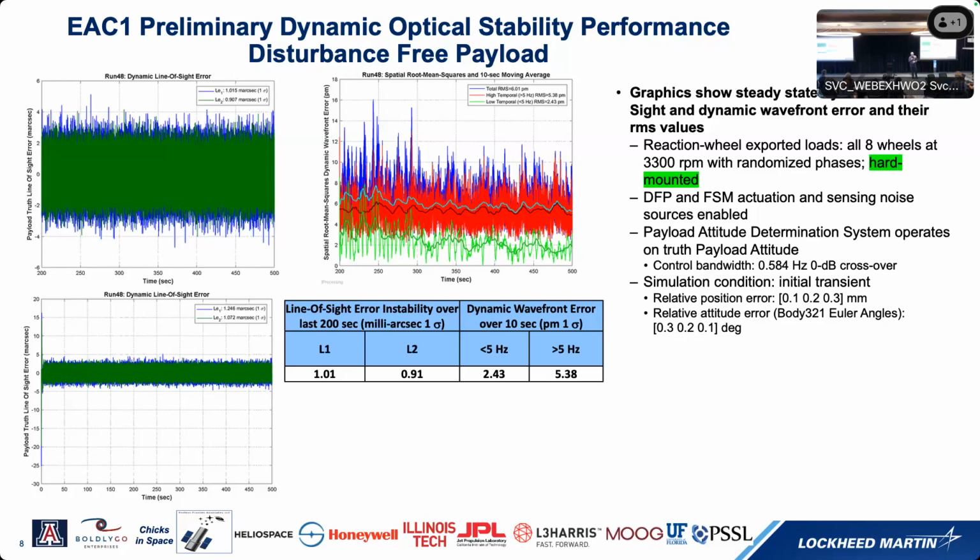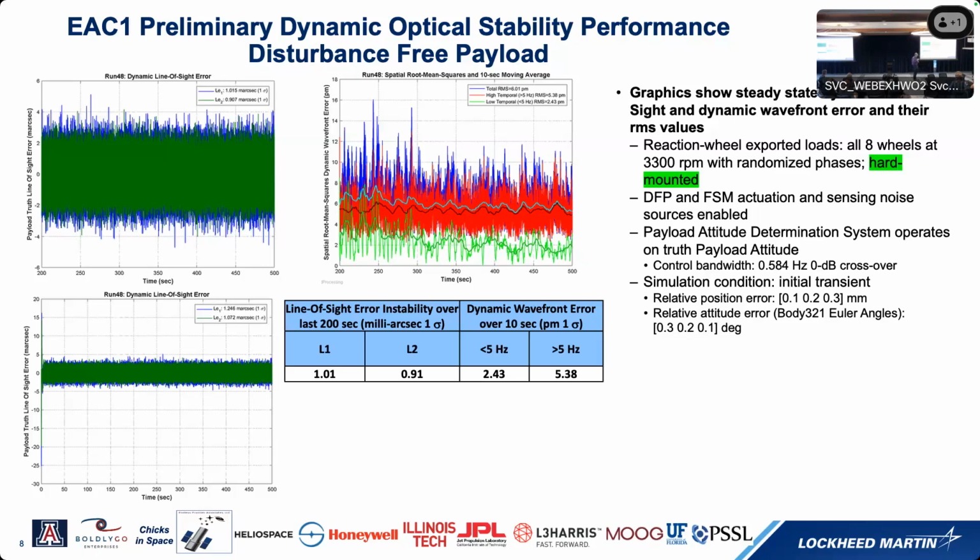In this simulation, we have both the FP system with all the control logic working. We also have a fast GME that helps with the line of sight stabilization. Some of the numbers that we are seeing in that simulation: dynamic wavefront errors at frequencies above 5 hertz on the order of 5 picometers, and 2.4 picometers at frequencies below 4 hertz.